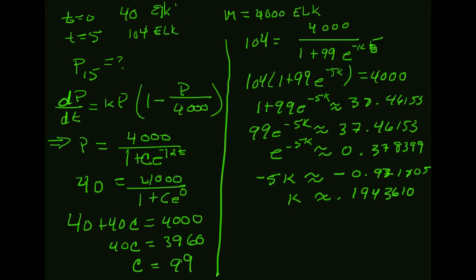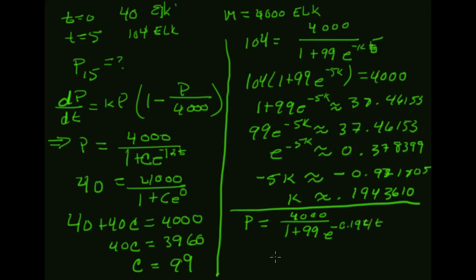So, all right, I have the c, I have the k. This means that the population can be modeled as 4,000, the carrying capacity, over 1 plus 99 e to the negative 0.194t.